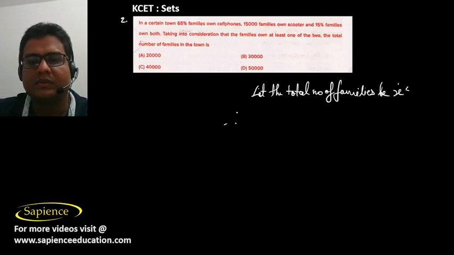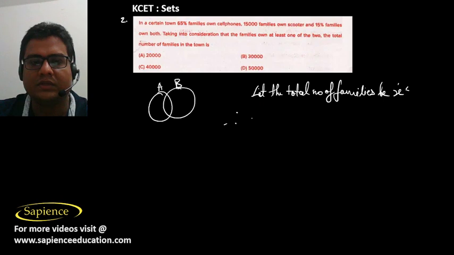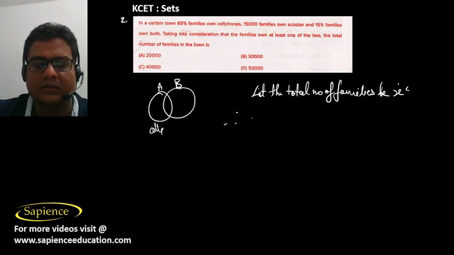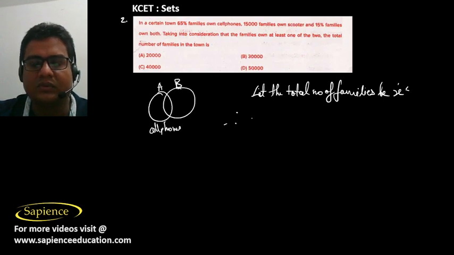So let us suppose the set A is the set of families who own cell phones, and set B represents the set of families who own a scooter.